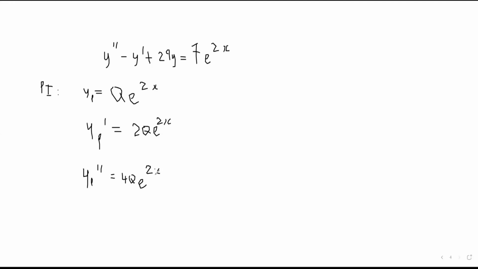So we work this out now. What we're going to get is y double prime, which is 4q times e to the 2x, minus yp prime, which is 2q e to the 2x.